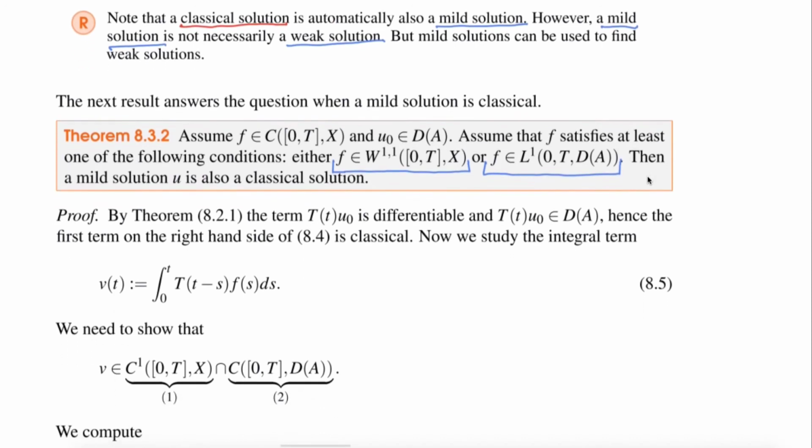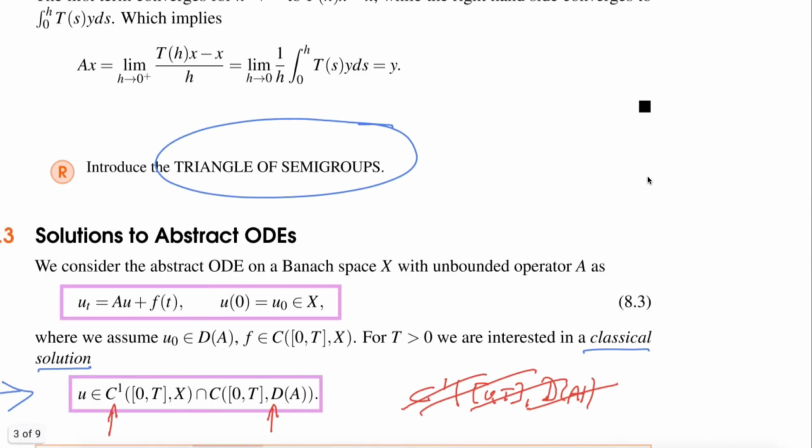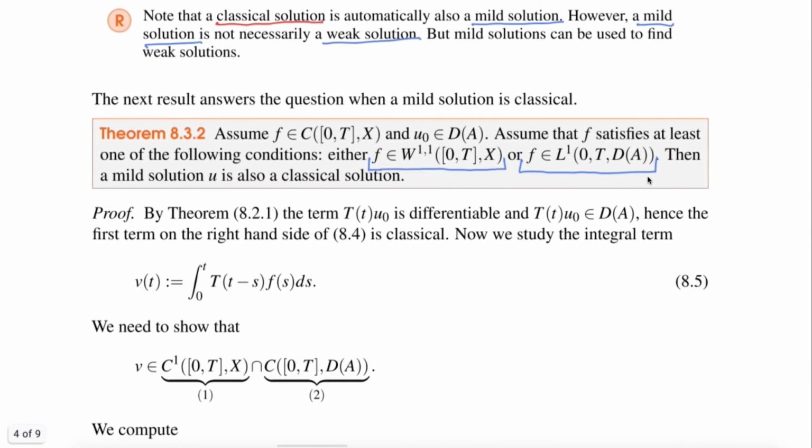Okay, let's start. By the fundamental theorem, we look at T(t)u0, the first term in the variation of constant formula. I go back just one more time. Okay, the first term here is a T(t)u0 term. And this term is good. That's what I'm arguing here.